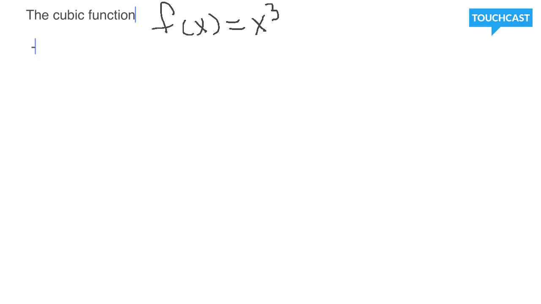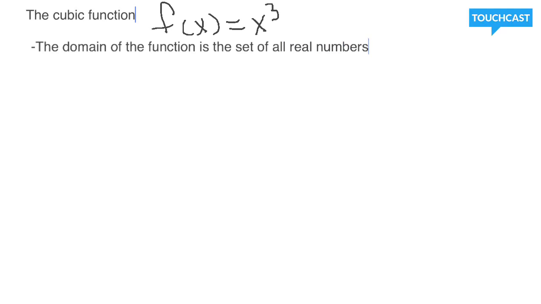The characteristics of the cubic function are that the domain of the function is the set of all real numbers, and that the range of the function is also the set of all real numbers.